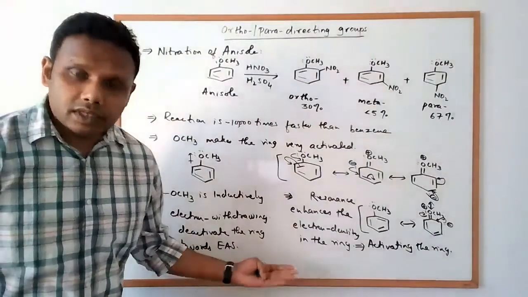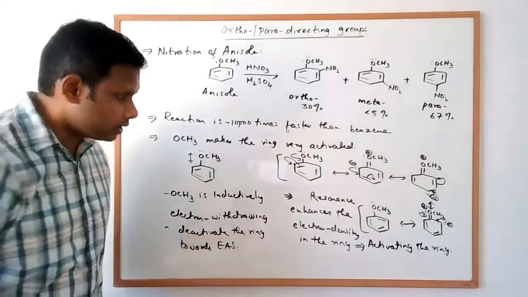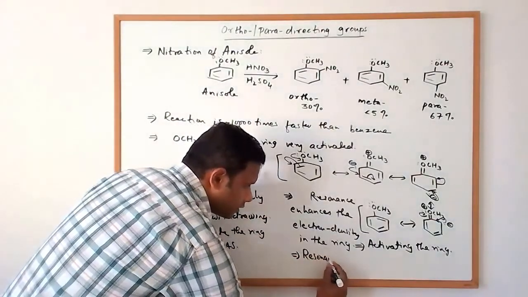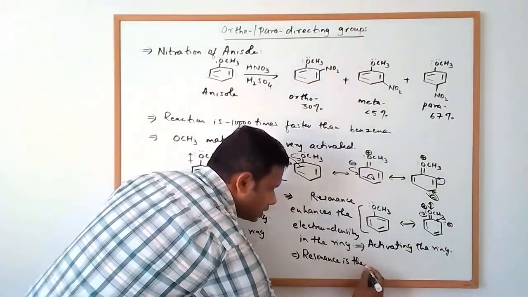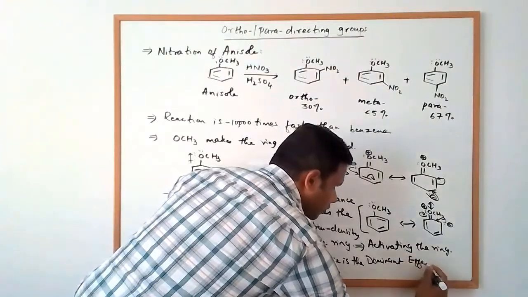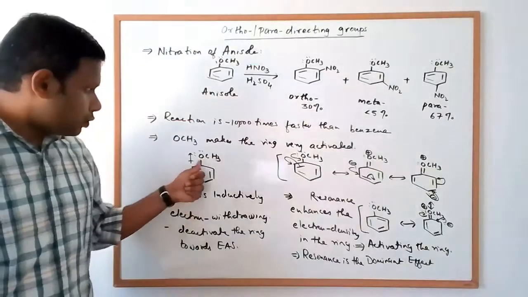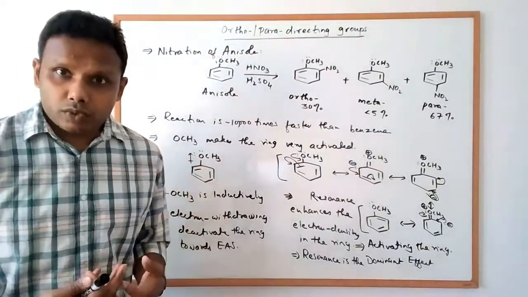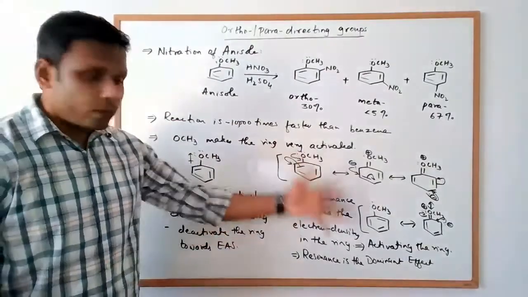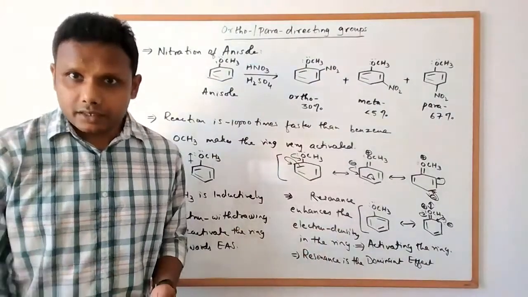And what happens in anisole is that resonance is the dominant effect. And so, even though the oxygen is electron withdrawing and it is inductively pulling away electron density, the resonance effect adds electron density to the ring and makes it activating.